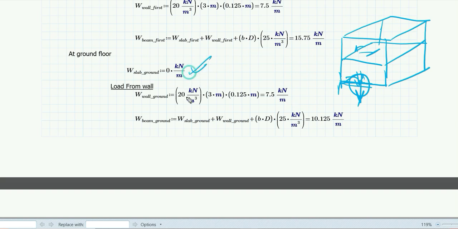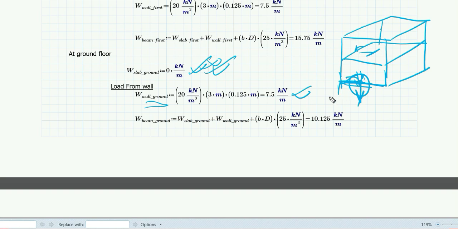So the slab load becomes zero for the ground floor, but it is not the case for all the structures. In certain cases there might be a special provision where the load gets transferred to the beam. So it will depend upon the type of the structure. Then there will obviously be the load due to the wall, because the wall is directly resting over the beam.